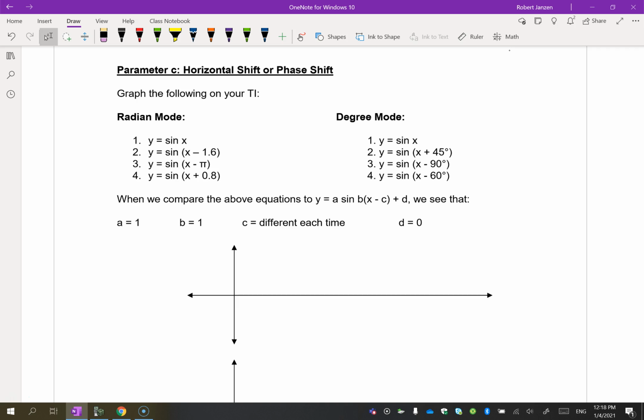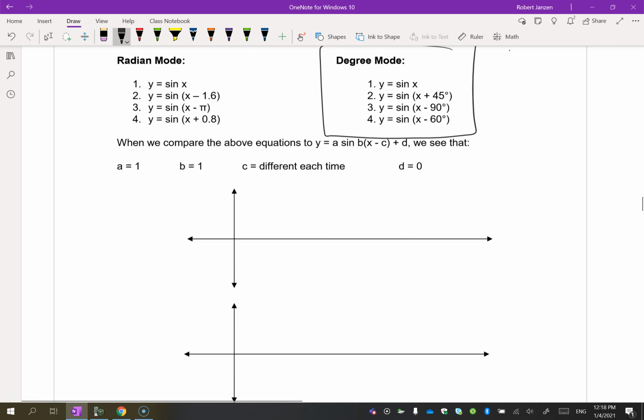Okay, and this time I have to do them in degree and radian because it'll look different on the graph in this case. Okay, let's stick to degree mode because that's what we've done so far, and we can quickly sketch in. Here is our regular sine graph.